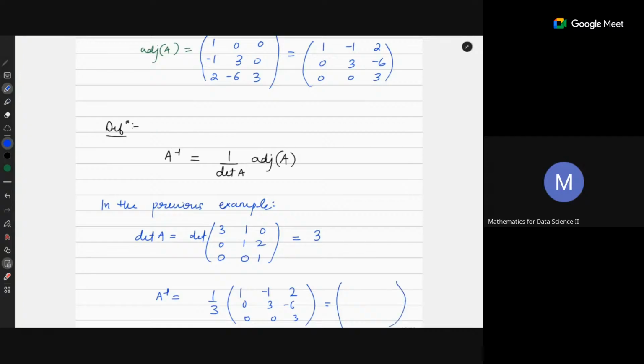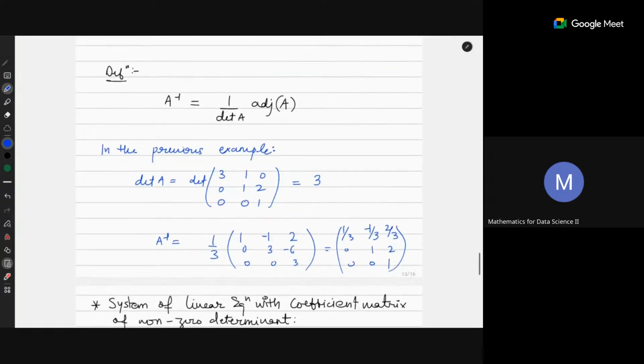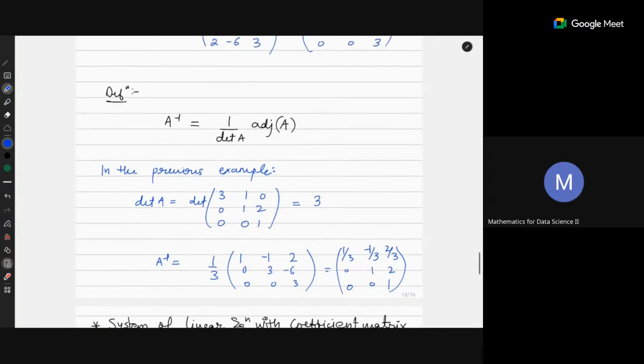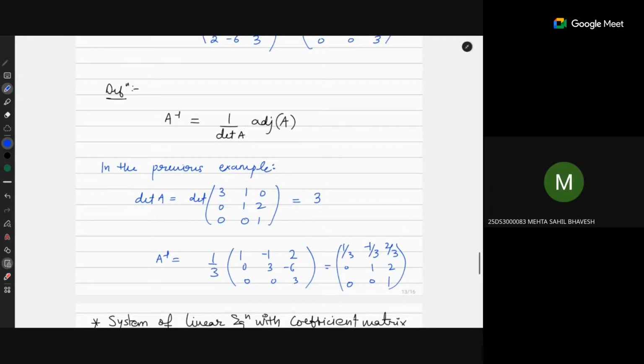So what does it mean? Divide everything by 3. It's 2 by 3, 0, 1, 2, 0, 0, 1. Okay, so this is your inverse. So the value at 2, 3 would be minus 2 now. Sorry, yeah.